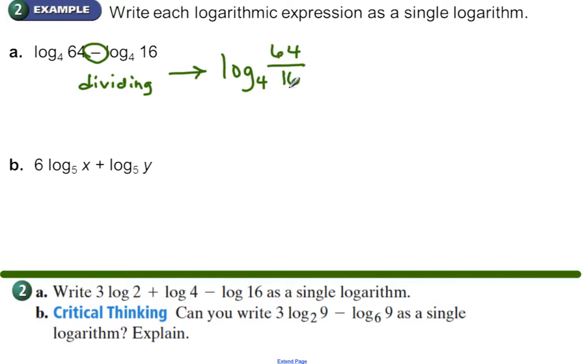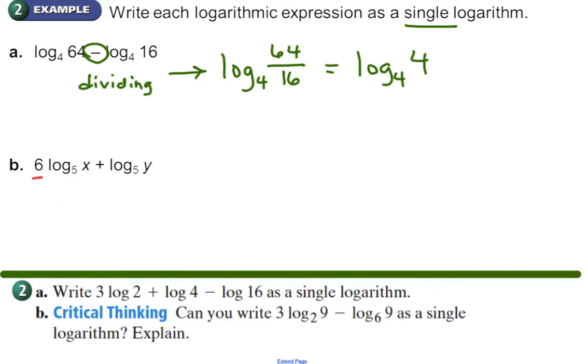Now we need to simplify this. 64 divided by 16 is going to give us 4. So now we have log base 4 of 4. And that is your answer because you're writing it as a single logarithm. Okay, now coming down here, we have 6 times log base 5 of x plus log base 5 of y.